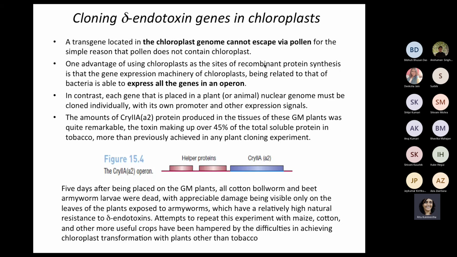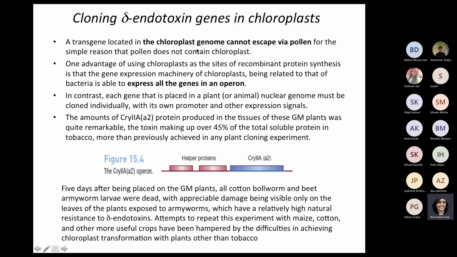So I have an option that in case I want to express three genes at the same time, I can express them in the form of a polycistron. Because in prokaryotes, there are polycistronic transcripts, where two, three, or five different genes are under the control of a single promoter, and all of these are very efficiently expressed.